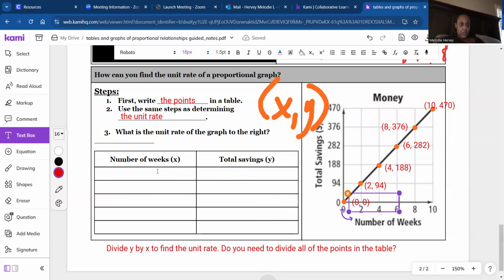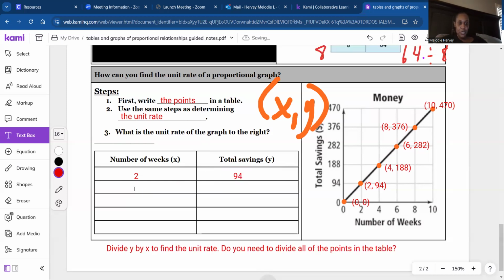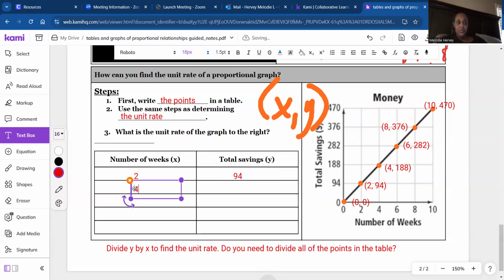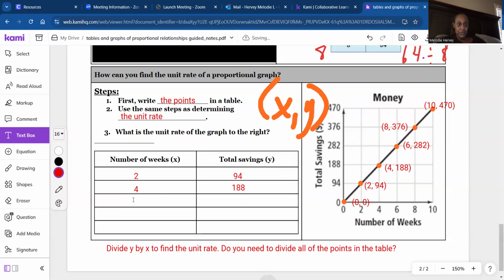All right. So let's fill in the table first before we do the unit rate. So the first one is 94. Does it have to be in order? No. It's good to be in order because it's easy to find a pattern, but you don't have to put it in order.